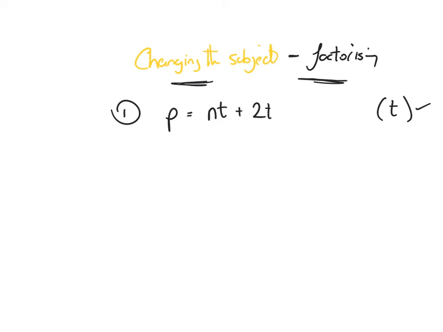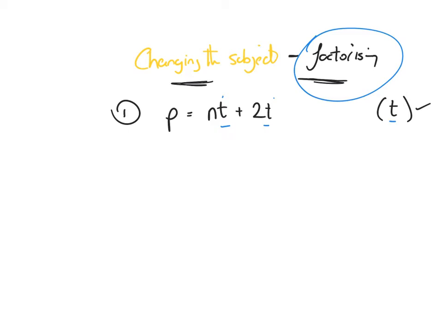Now, one thing to note to get going is for the first time we're seeing an example where the thing we're changing the subject of the formula to appears to come up more than once, and that's going to involve factorising. If we've got the same thing coming up multiple times, the only way to isolate that is to factorise, which is something that you've had plenty of practice on.